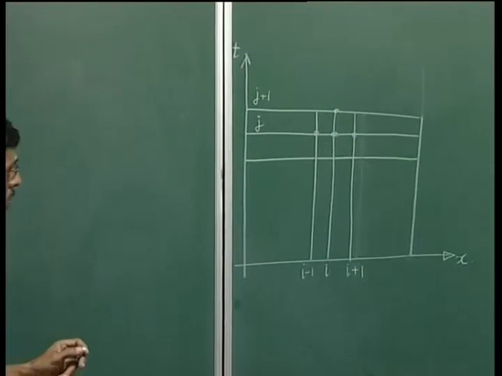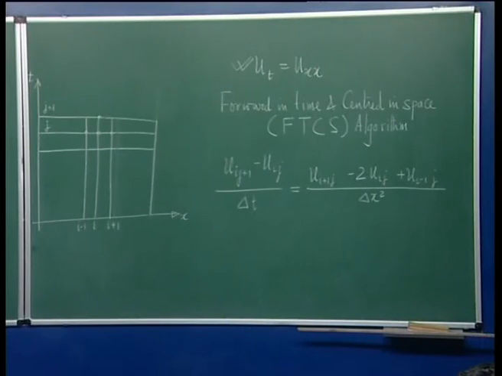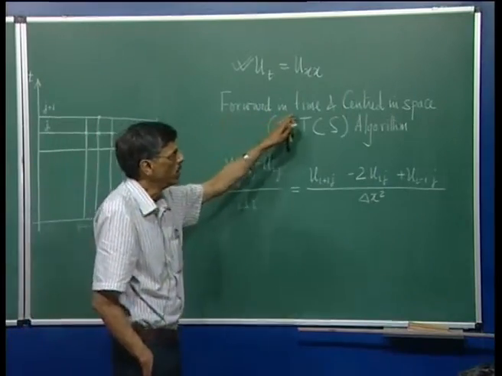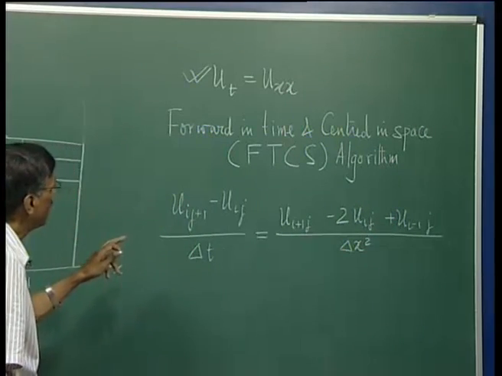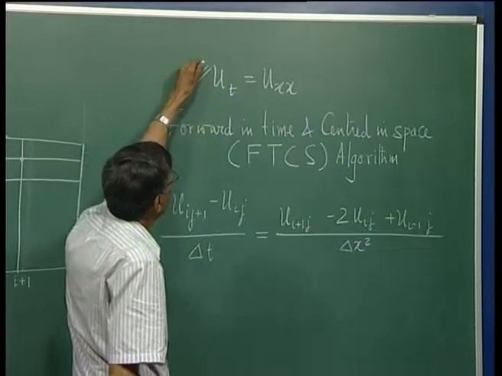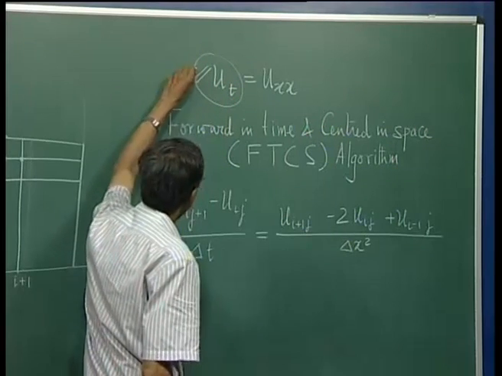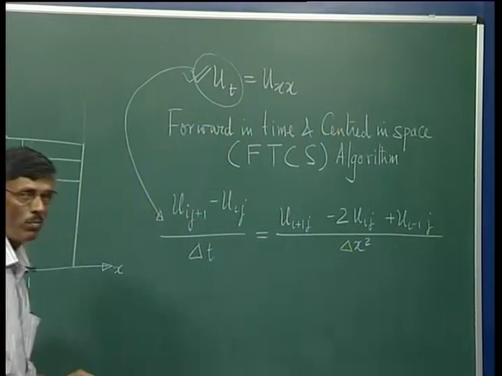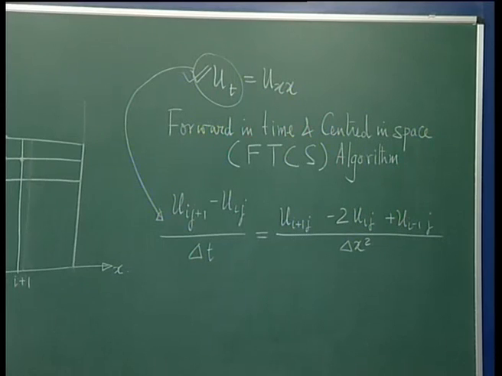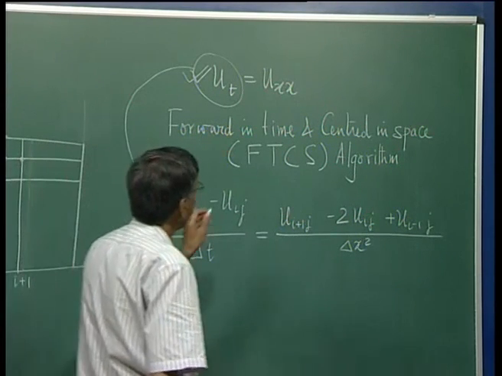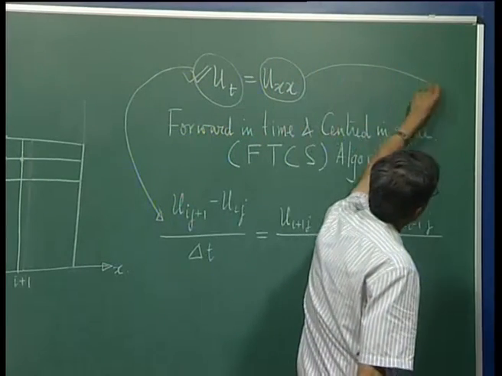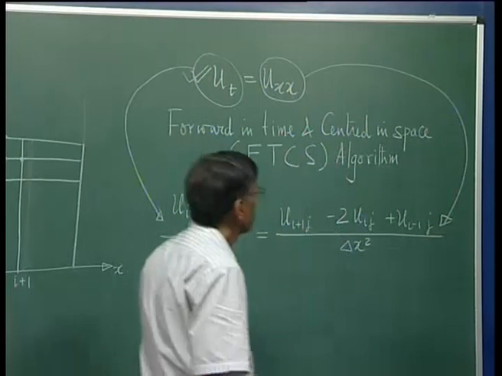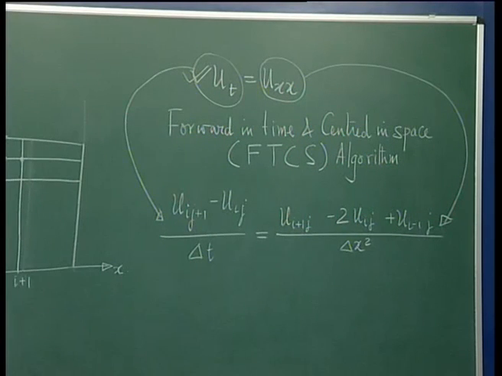We specifically talk about the simplest possible explicit algorithm, called forward in time centered in space, or the FTCS algorithm, and that involves taking this time derivative u_t and writing it in this form on the left hand side. In the same way, we can take the second derivative of u with respect to x on the right hand side and represent it by this difference expression.